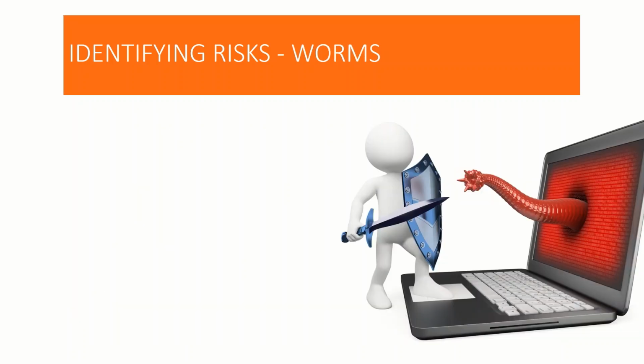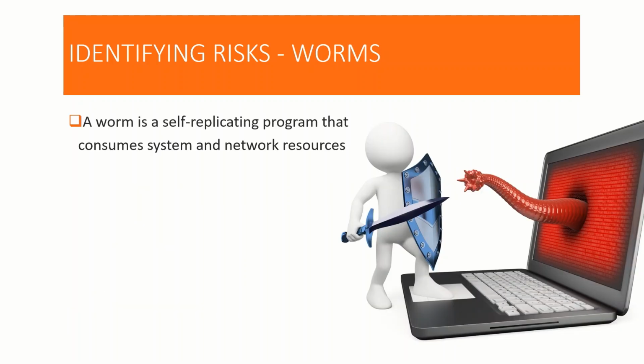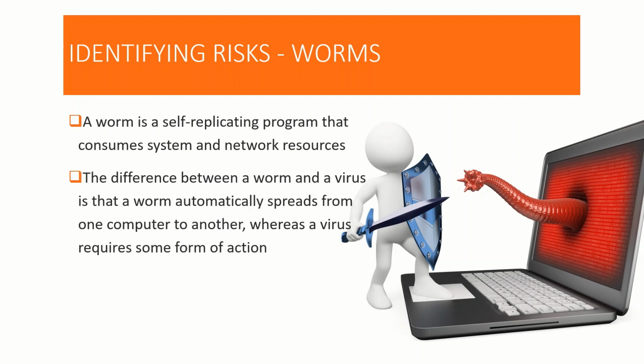Another computer risk is the worm. A worm is a self-replicating program that consumes system and network resources. The difference between a worm and a virus is that a worm automatically spreads from one computer to another, whereas a virus requires some form of action.